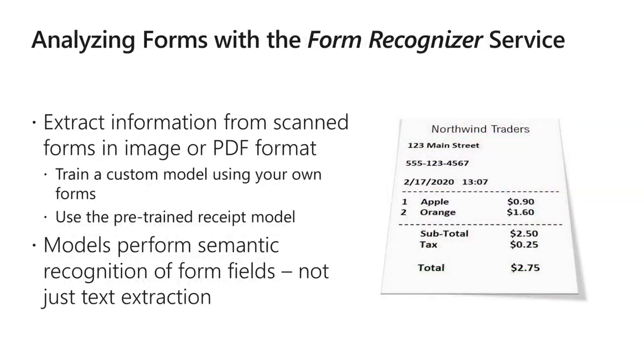And last but not least is analyzing forms. So the form recognizer service offers more than just detecting and extracting text. It enables you to use models that understand the form fields. For example, identifying specific types of data such as addresses, phone numbers, dates, times, quantities, and then understanding the relationship between the field labels and values.